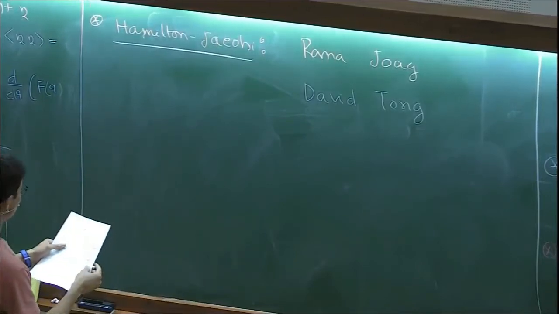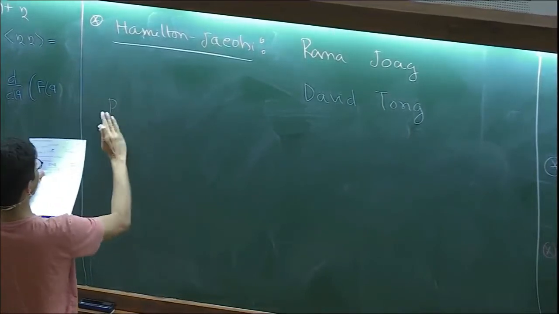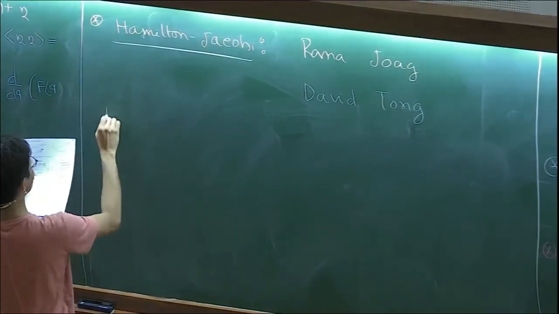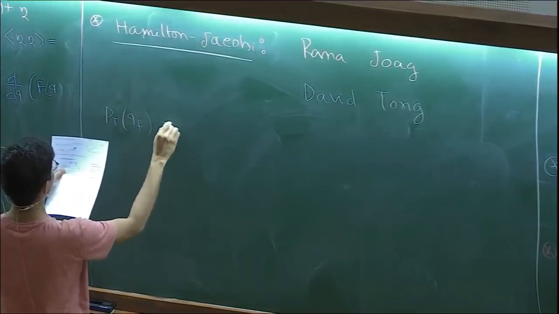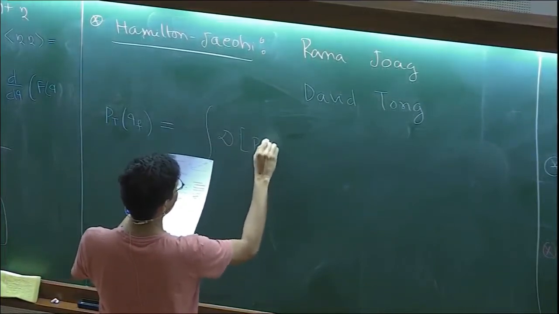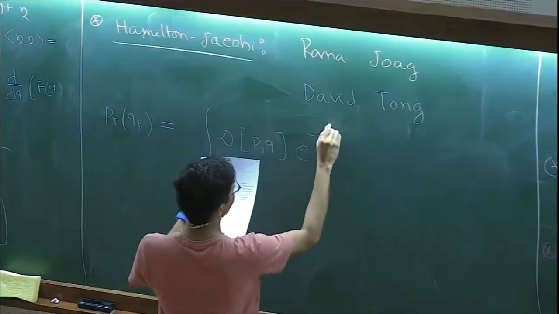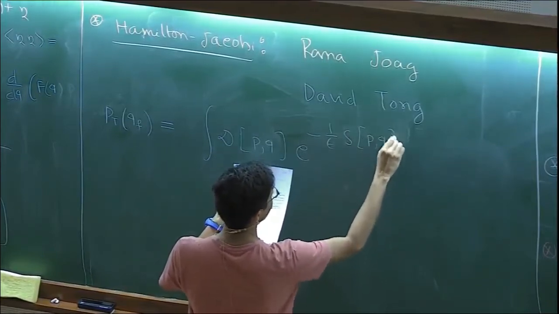So essentially what we were doing is minimizing the action. We wanted to look at, say, at time t, I want to be at position qf. I had this path integral over p and q, with e to the minus 1 over epsilon times S of p and q.